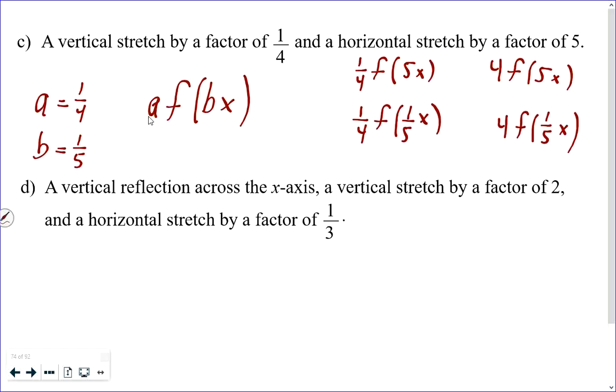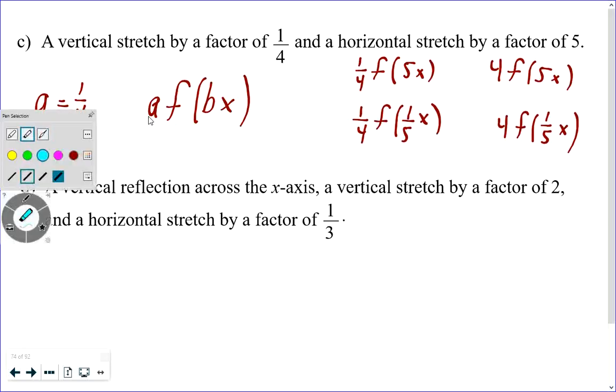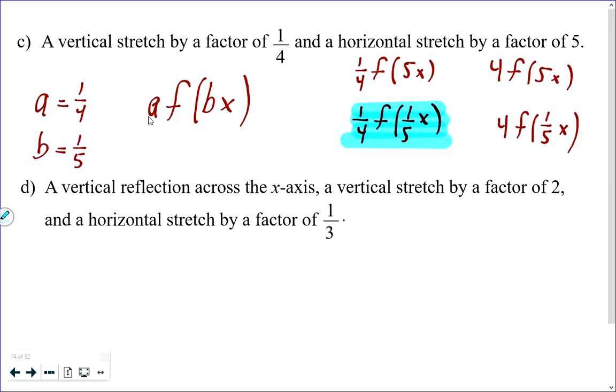We're going to have 1/4 f of 1/5 x. It's going to be this. The number that's in front of the function truly is the vertical stretch factor. The number that's in front of x inside of the function is not the stretch factor horizontally. It's the reciprocal of the stretch factor horizontally.